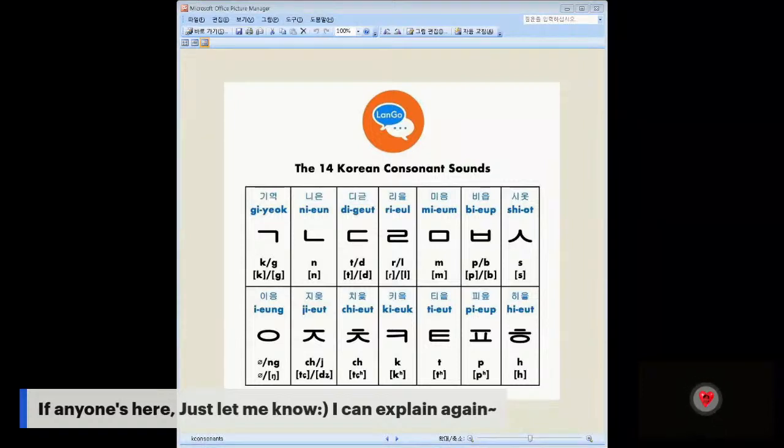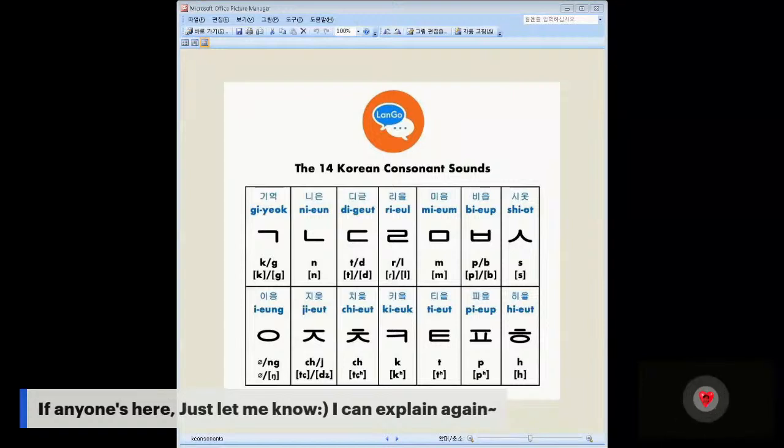Thank you in Korean is 감사합니다. 감사합니다 starts with this consonant, 감. But I heard many people think it's K, not G, because we don't pronounce it too hard.